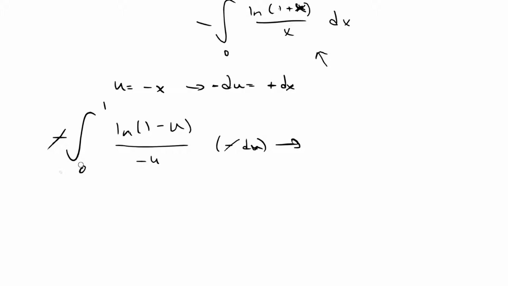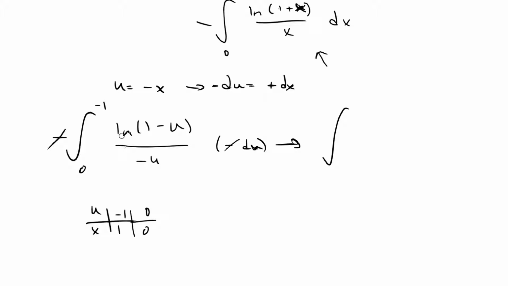And then it turns out that these bounds are actually incorrect, right? If x is 1, then u is -1, and if x is 0, then u is 0. So really, these bounds are 0 to -1, right? But we want to switch that, because we don't want to integrate backwards.